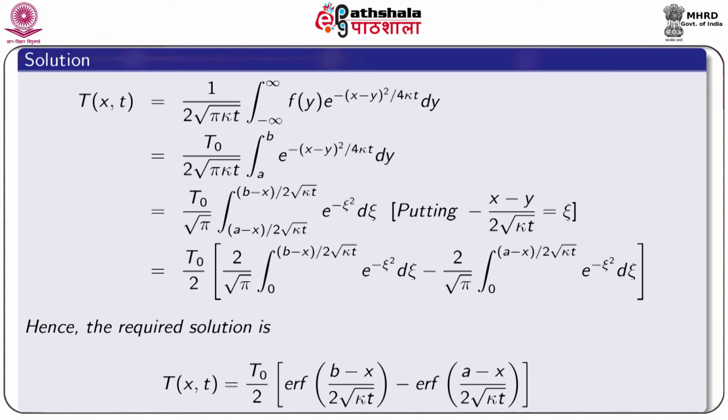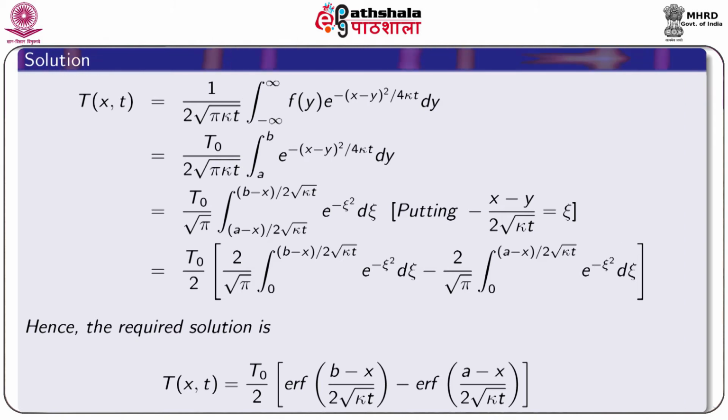Here capital F(y) is T0 within the range a to b, and F(y) is equal to 0 outside the region a and b. So, the integral can be written like this.